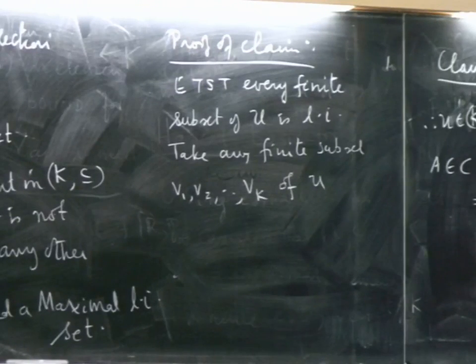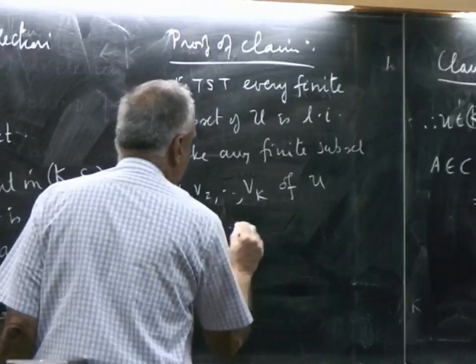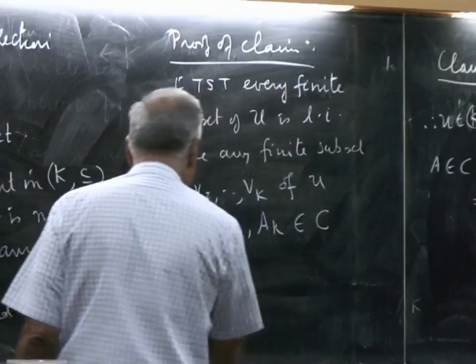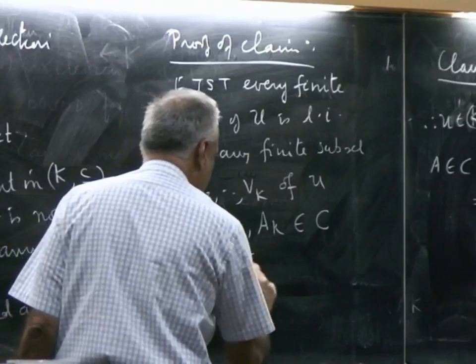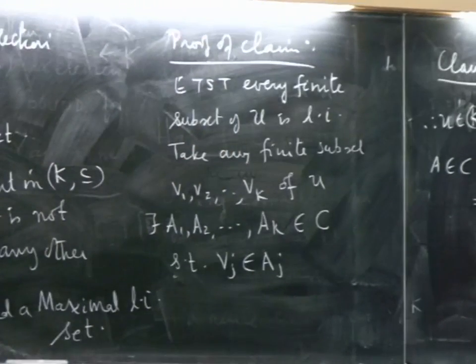Therefore, v1 must be in some A, v2 may be in some other A, vk may be in some other A. So there exist A1, A2, ..., Ak belonging to C such that vj belongs to Aj. Is that clear? All these are in the union, so everybody must belong to some one member of that union.